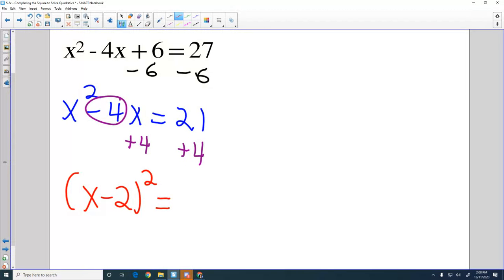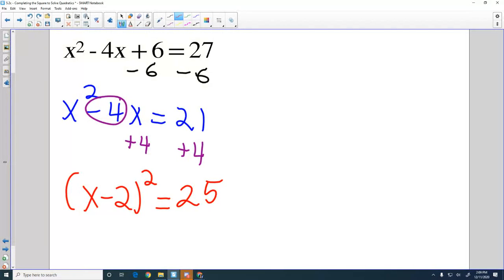It would be x minus 2 squared equals 21 plus 4. What's 21 plus 4? 25. And guess what you do now? There's no longer an x squared term and an x term, which is great.